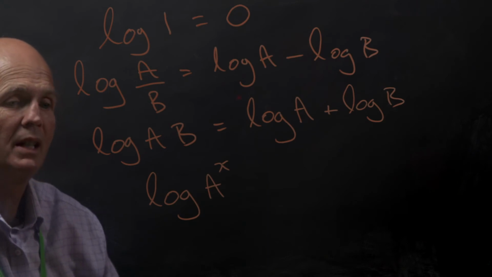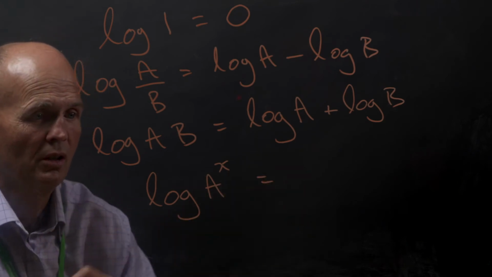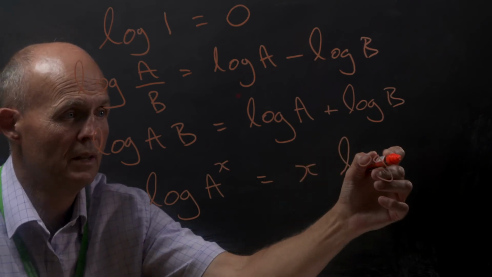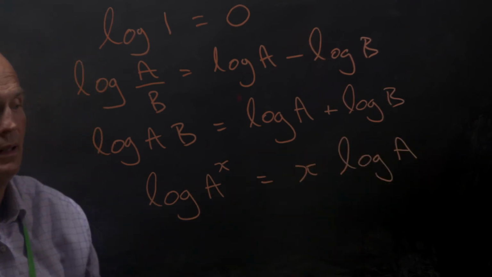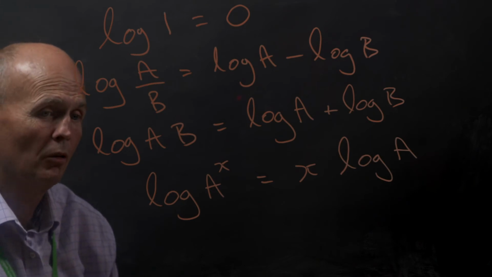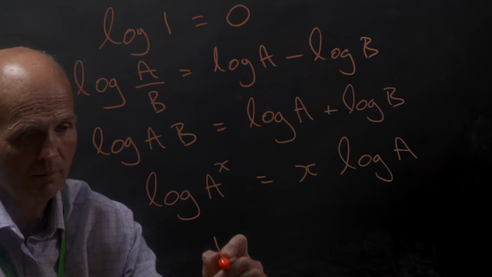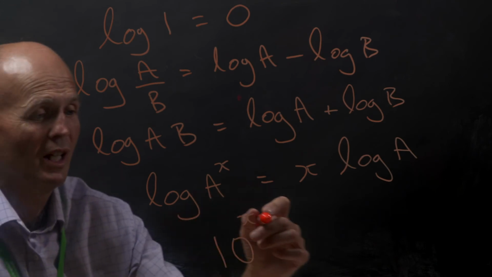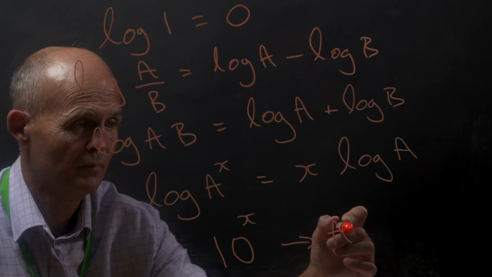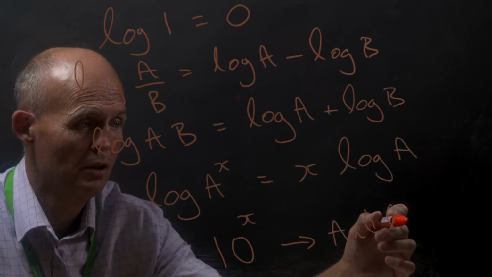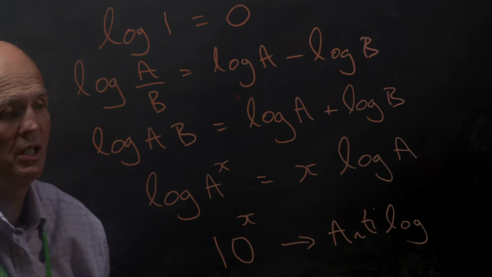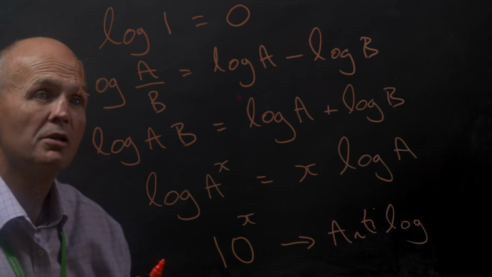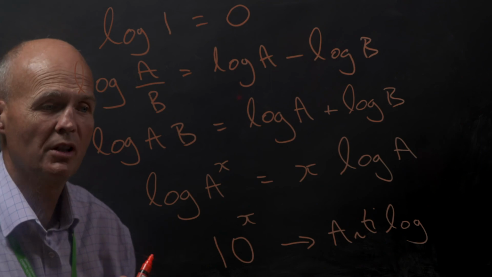When we have this particular function, we can resolve this into x times the log of a. And finally, we need to know that this particular term here, 10 to the power x, is actually an antilog. When we do some worked examples in a while, we'll see that the antilog is another important function. So that concludes the rules of logs at this particular stage.